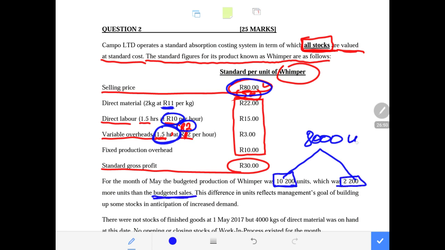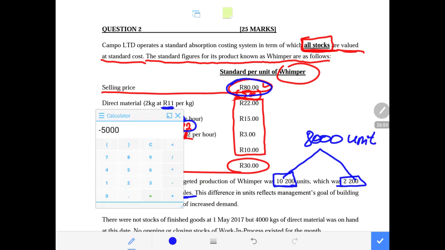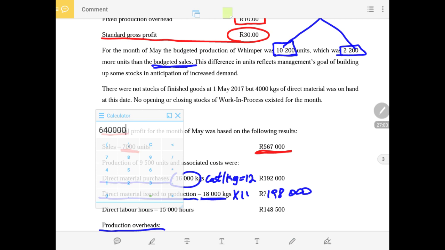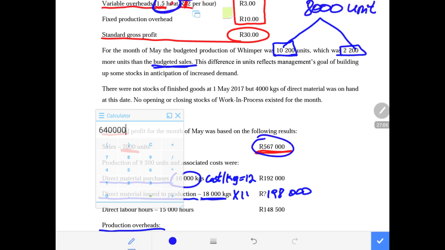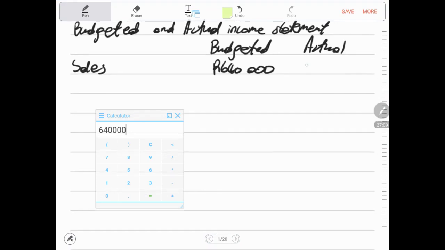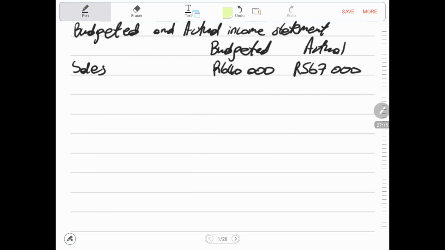So now 8,000 units is the budgeted sales, and we multiplied 80 times 8,000, it gave us 640,000. Our actual sales were given in total already as 567,000 rands. So now we copy that and paste 567,000 rands as our total actual sales.